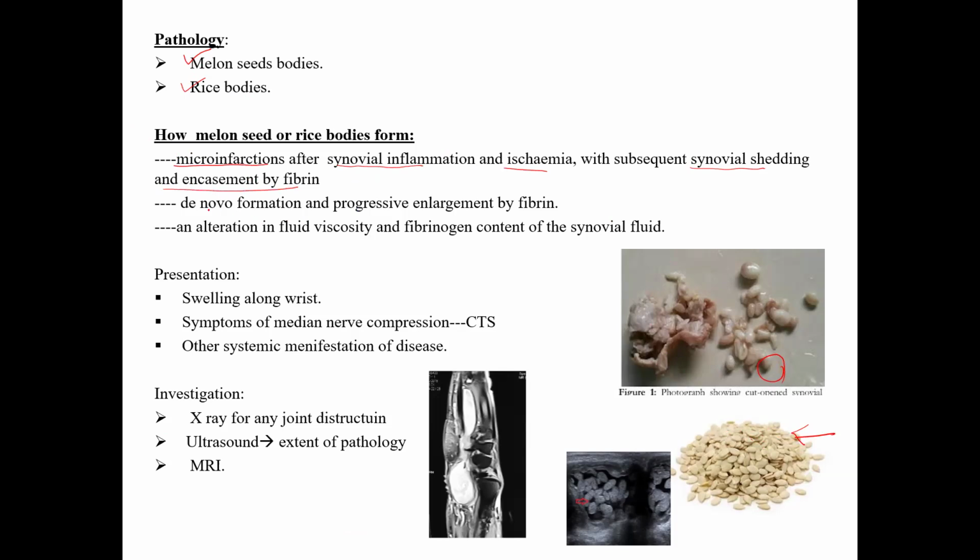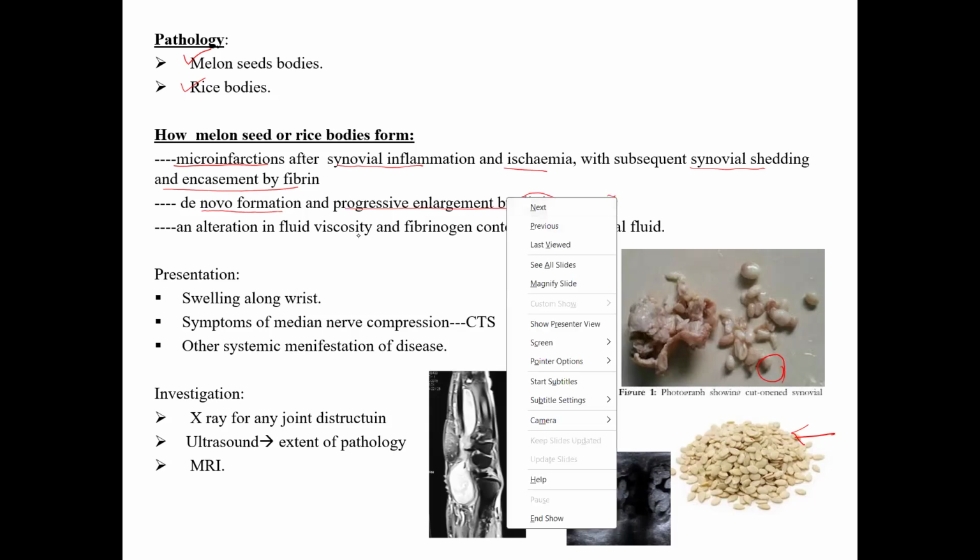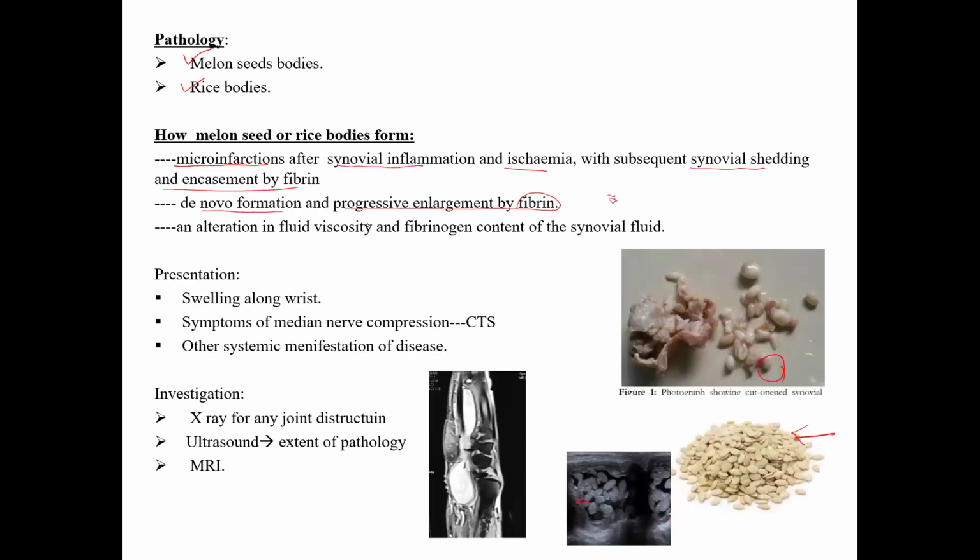Or another theory is that there is de novo formation due to fibrin. Multiple fibrins adhere to each other and form this. Or, due to the inflammation, there is alteration in the fluid viscosity, and due to this alteration, it will condense and form the bodies.